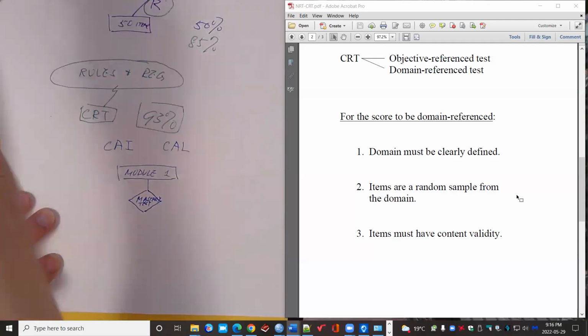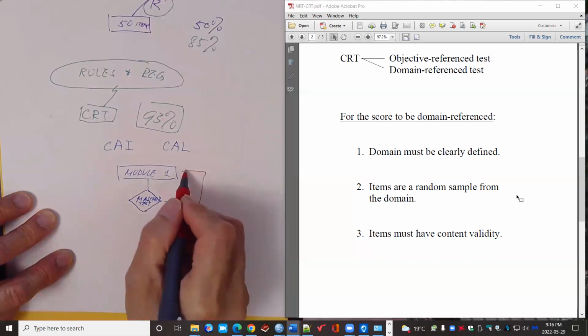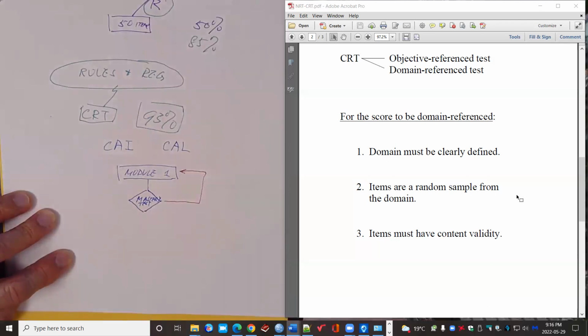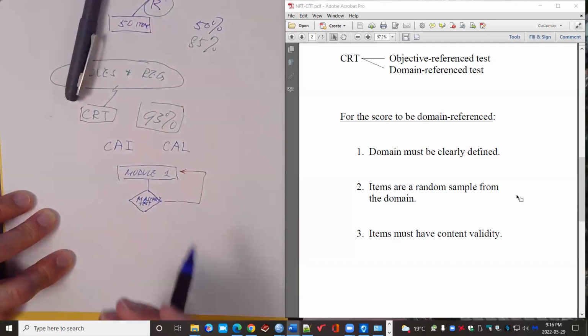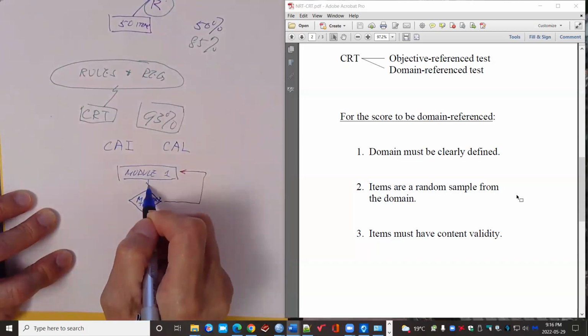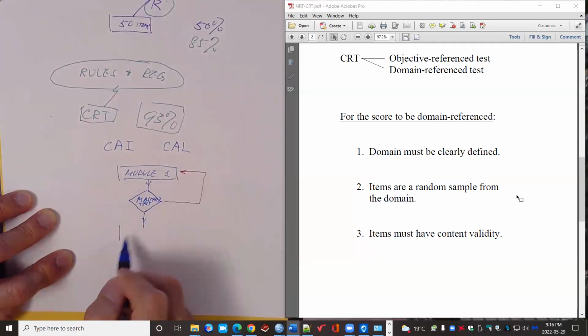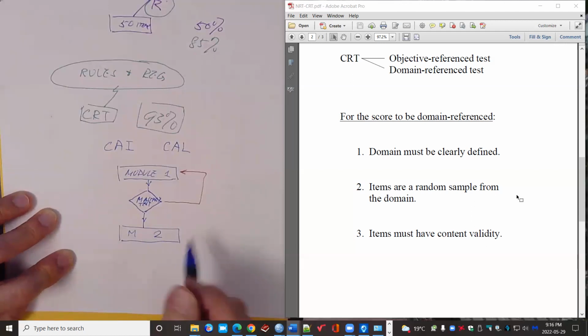If not, the computer will route it back, and you retake module one until you pass it. For those who have passed, they go to module two, which is a bit more advanced.